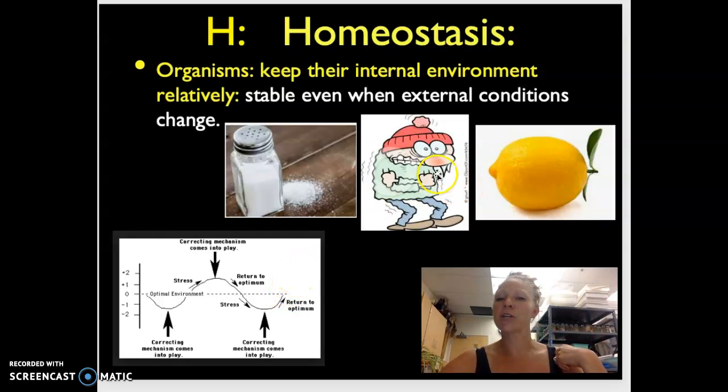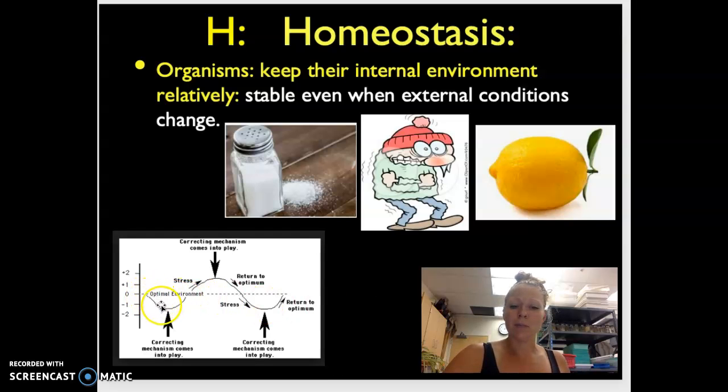And the same with temperature. If you step outside on a very cold day, let's say it's 0 degrees, your insides don't go to 0 degrees when you step outside without a jacket. You still remain at 98.6, 98.7, somewhere around there. What you do is you start to shiver when you get cold. When your body temperature starts to drop, you shiver, and that warms you back up.